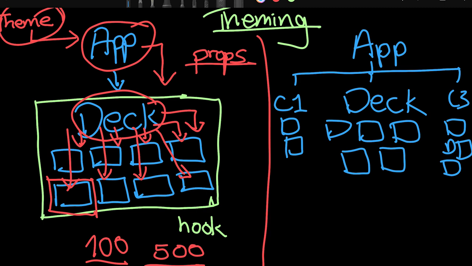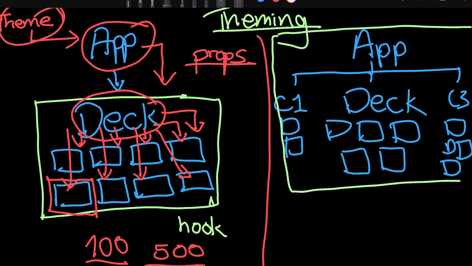What we can do is we can wrap this entire thing in a theme. So we put a box over it, and this box itself has the theme. So if anything inside the box, for example, if this component specifically wanted access to the theme, it could directly just grab it from this box because it lives inside it.